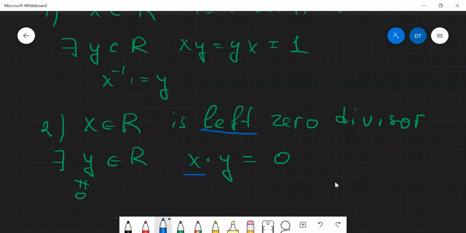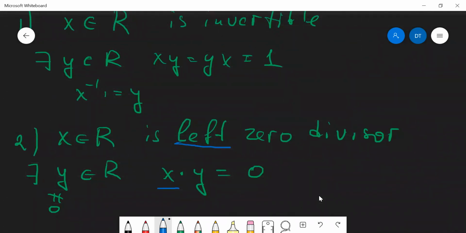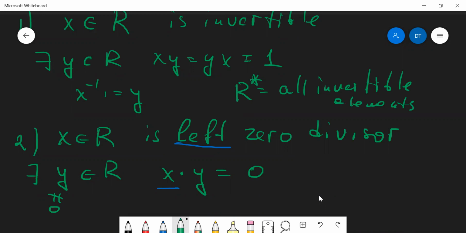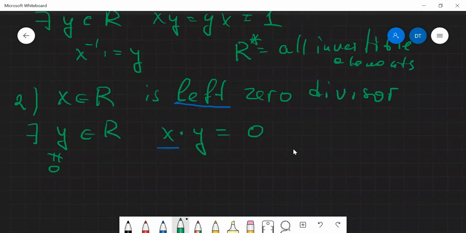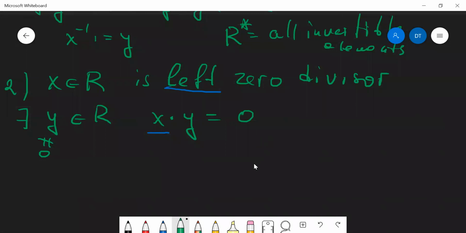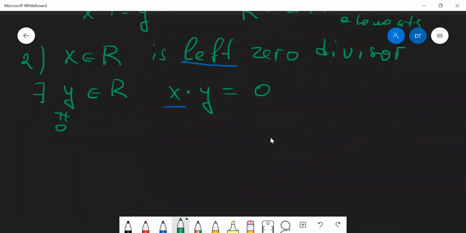Oh, and just by the way, I forgot to define the notation. The set of all invertible elements will be denoted by R star. In this case, I will denote the set of left zero divisors by DL of R. This will be the set of all left zero divisors.